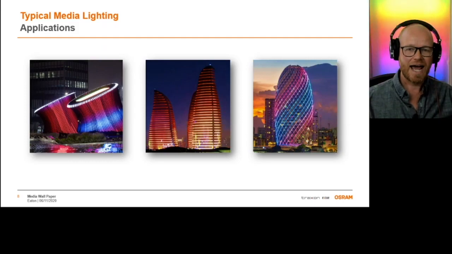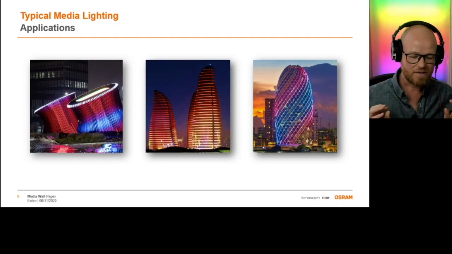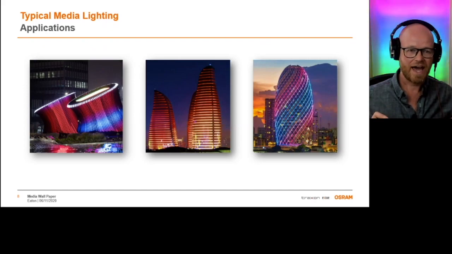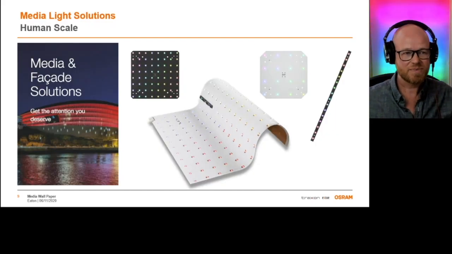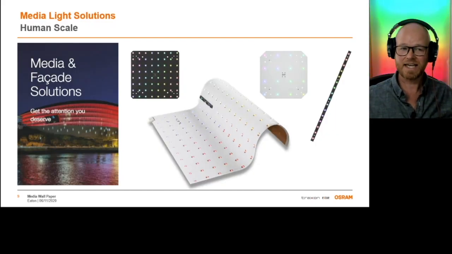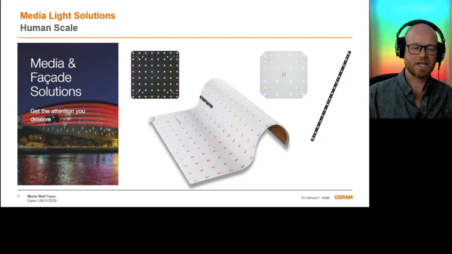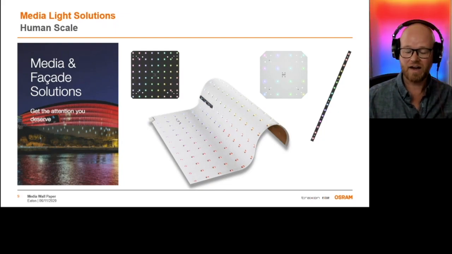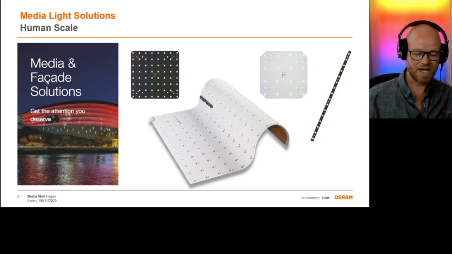But as control costs have come significantly down, and as addressable pixels have become more compact and brighter at these small scales, we've been able to take these same application concepts down to the human scale, starting with our line of pixel boards and strips, and now with media wallpaper.